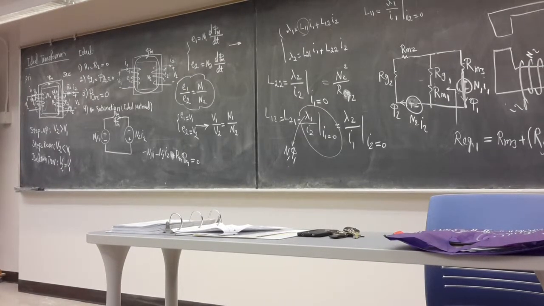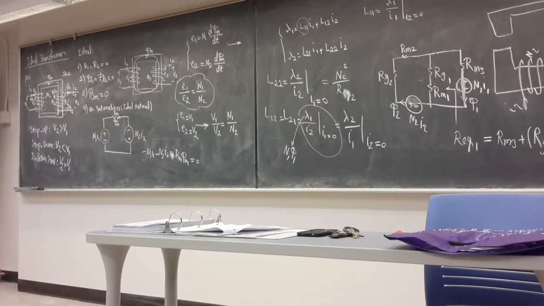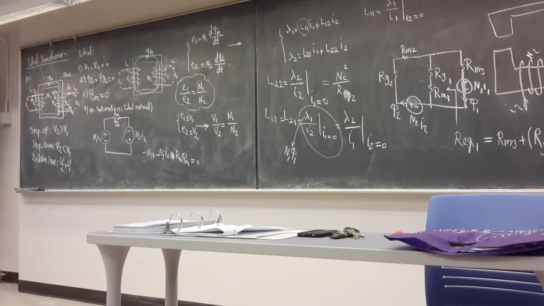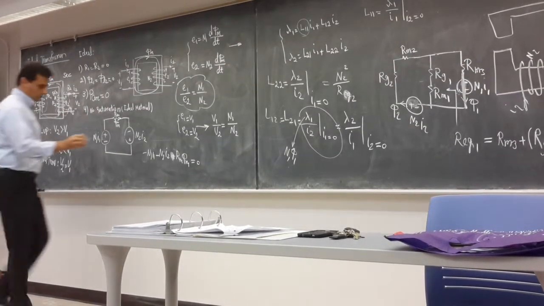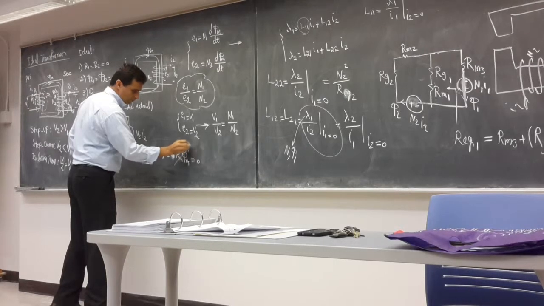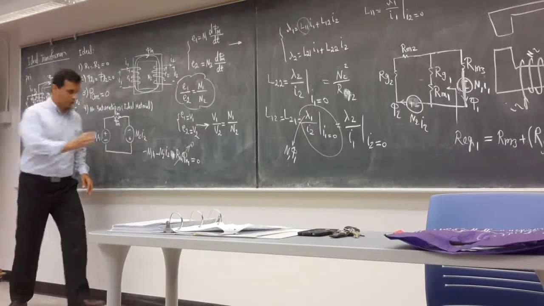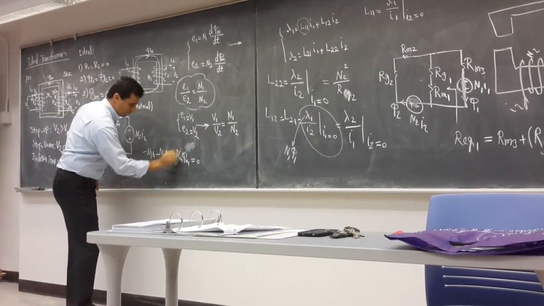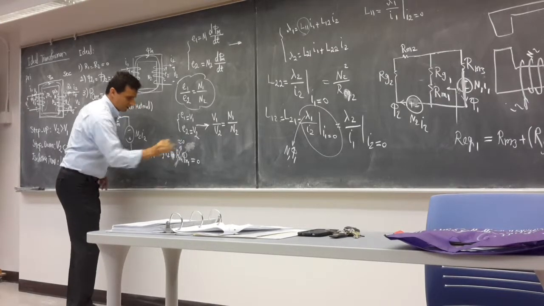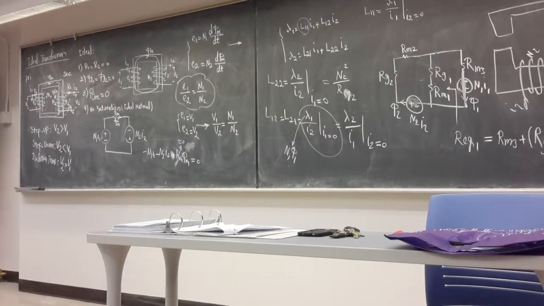If the system is ideal, ideal means the core is perfect. How much is the RM? 0. RM is 0 if the system is ideal.